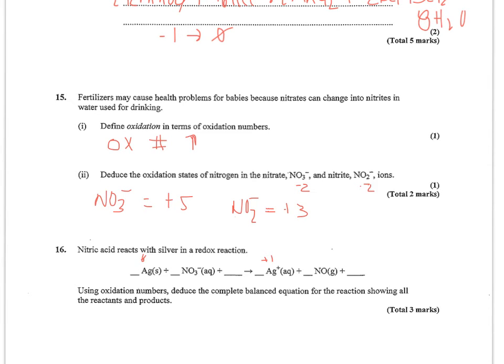I have oxygen at a -2 in each case, so my nitrogen is a +2, whereas over here it's a +5. So my silver is only giving up 1 electron, but my nitrogen needs 3, so I'm going to need 3 silver to provide enough electrons for the nitrogen.